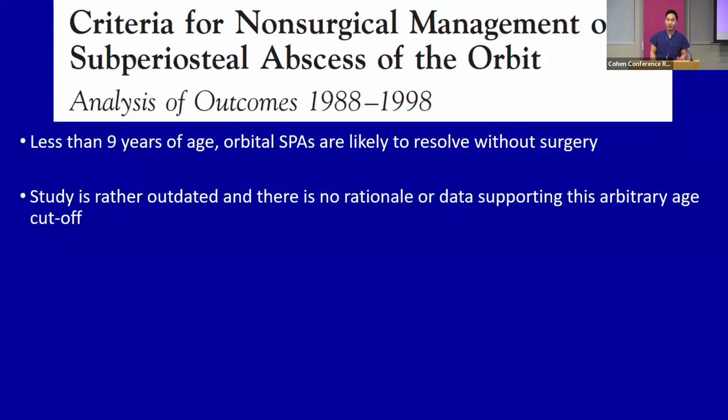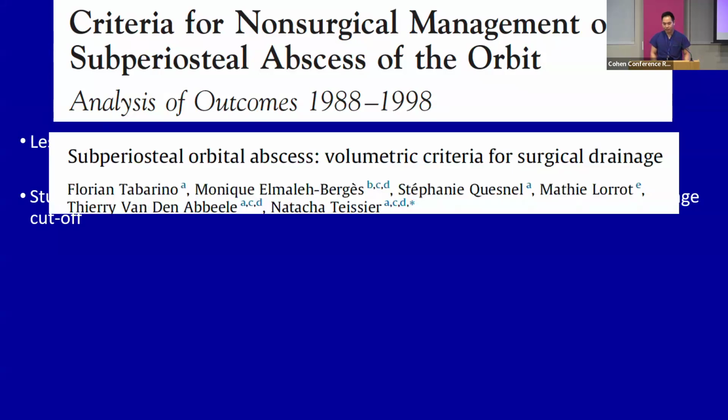It's a very arbitrary cutoff. It's a very old study. It's a single institution study with only a few patients. So I don't know why people keep quoting this paper, but I would say most kids under the age of 9 with an abscess often go to surgery. So if you ever see this paper, a lot of people do reference it.